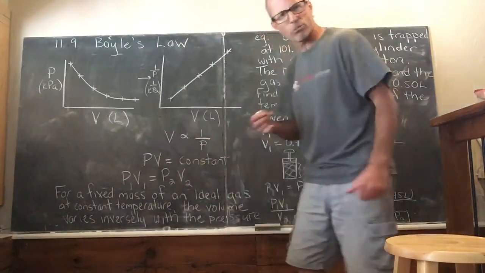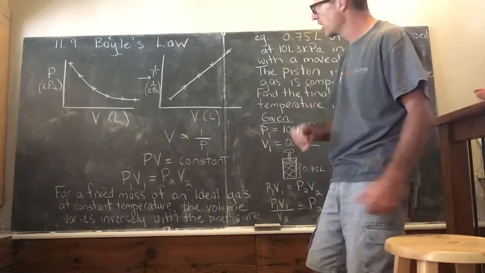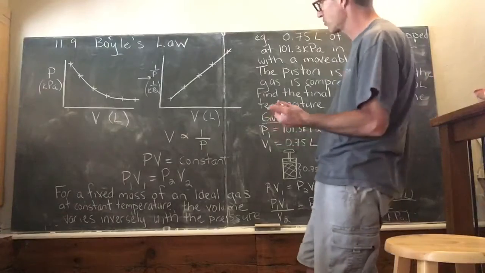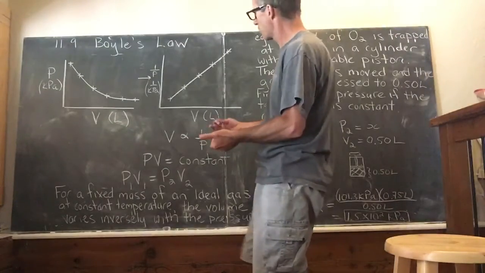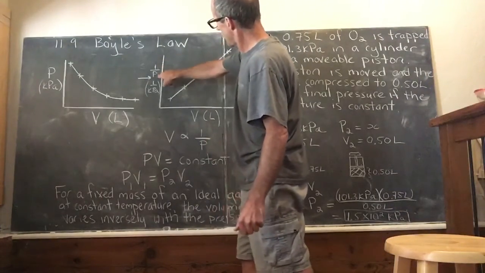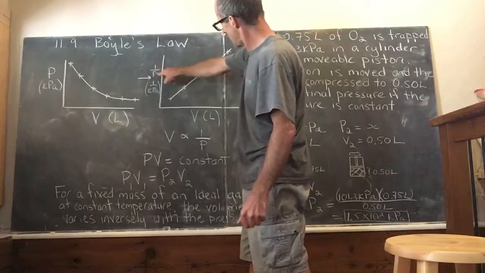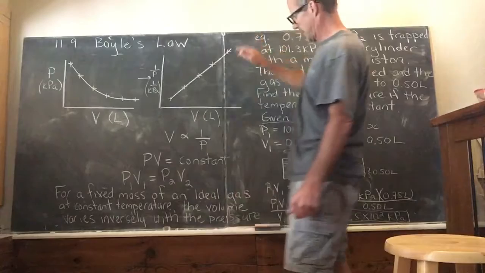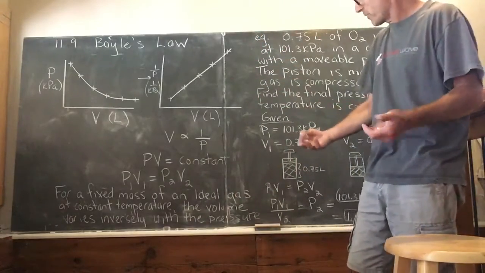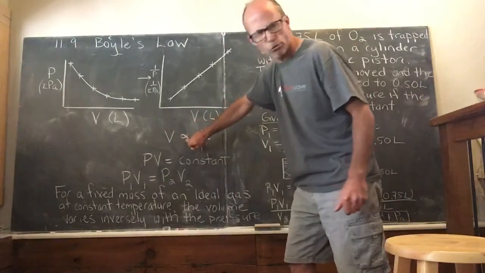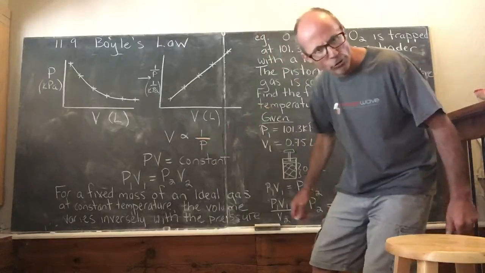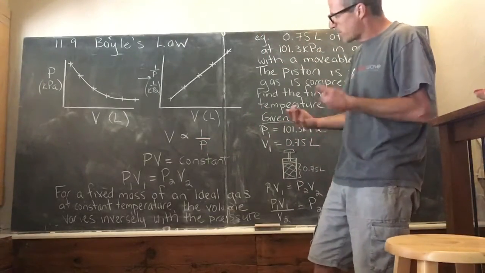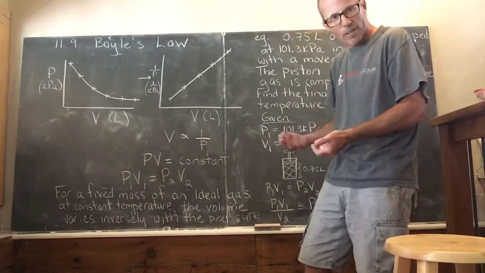Well, mathematicians and chemists and physicists all want to get straight lines from curved graphs. And it just turns out that if we plot the inverse of pressure, 1 over P, as a function of volume, we get a nice straight line. Well, that tells us that volume is proportional to 1 over pressure. In other words, P times V is always a constant.